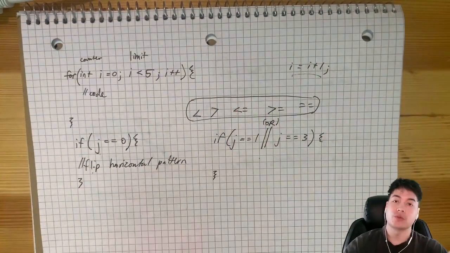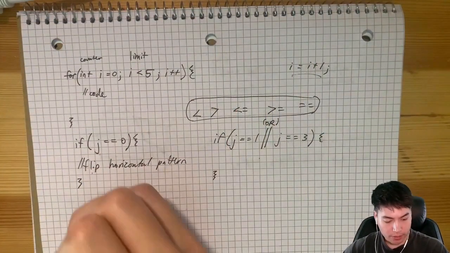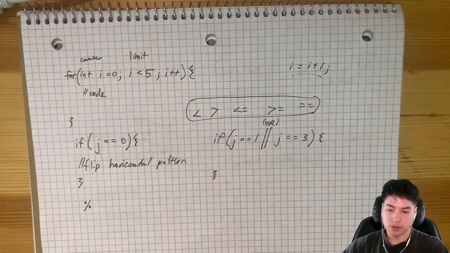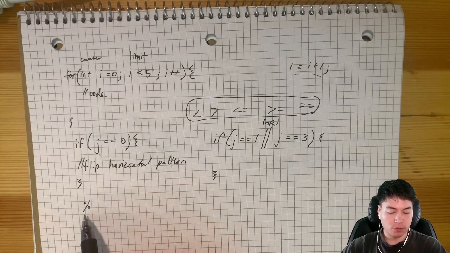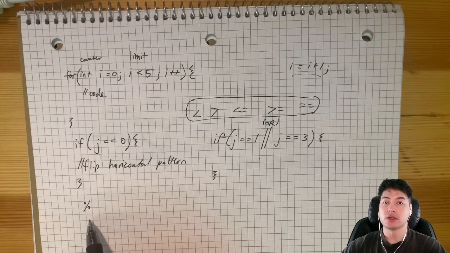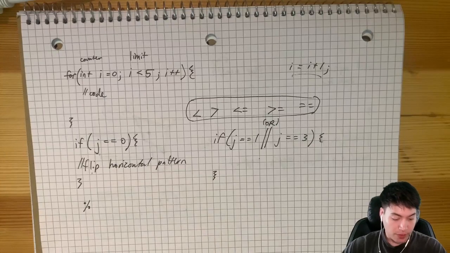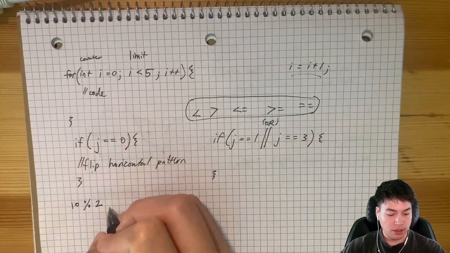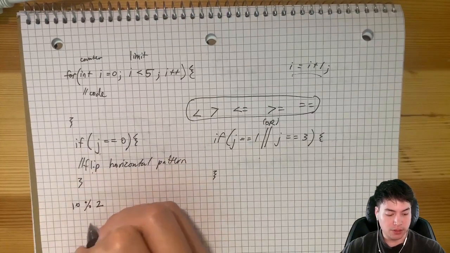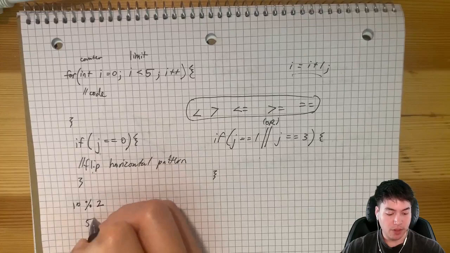And we're going to use what's called the modulo operator, right? And this little guy looks like a percent sign, and returns the remainder of a division problem, right? So if I say 10 modulo 2, right? 10 divided by 2 is 5, right? And there's no remainder.